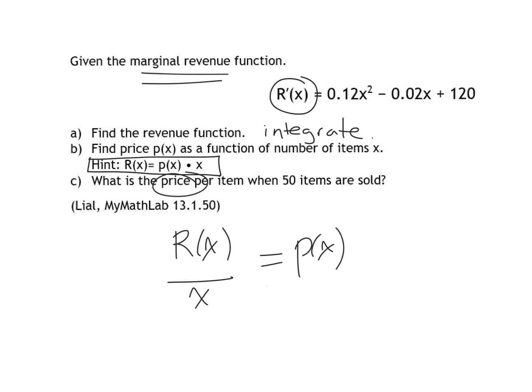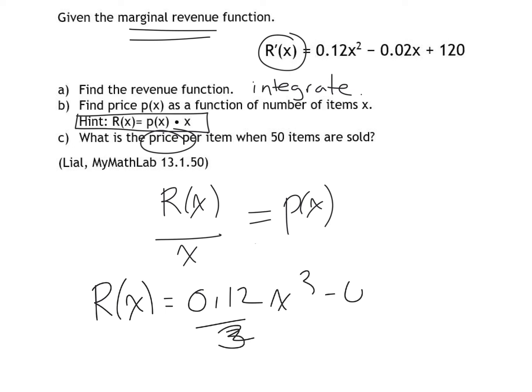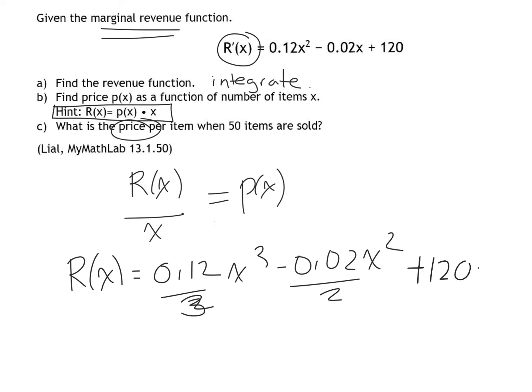So where would we put the 50 in replacement of x? You would find the revenue function, which is 0.12 times 3x cubed minus 0.02x squared over 2, right? Plus 120x.